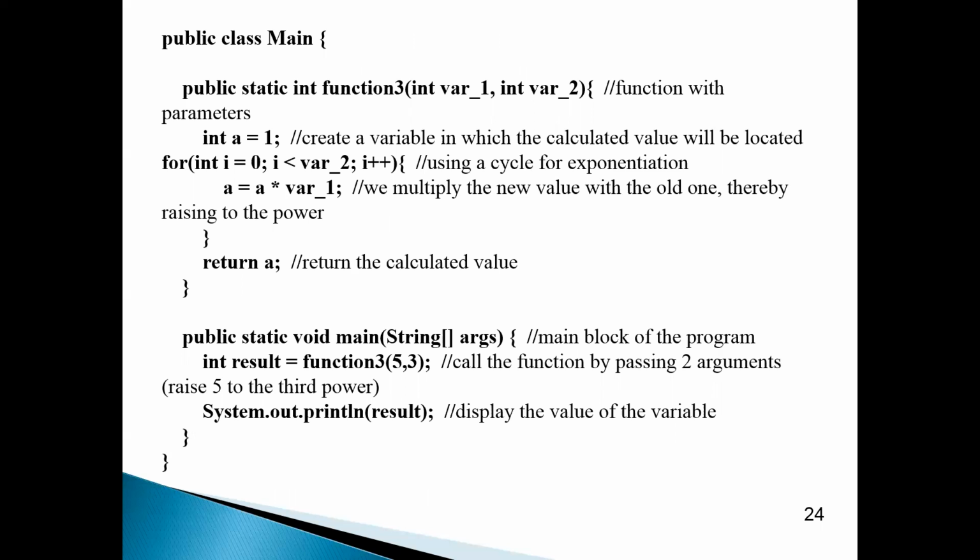Please, guys, look carefully at this programming code. You can see several lines, public class Main, and several comment lines. Function with parameters, first line. Next, create a variable in which the calculated value will be stored.